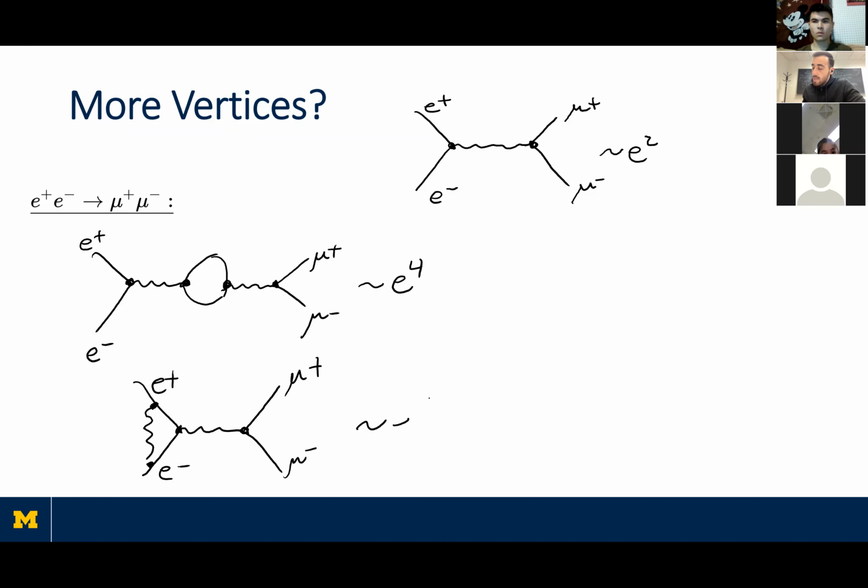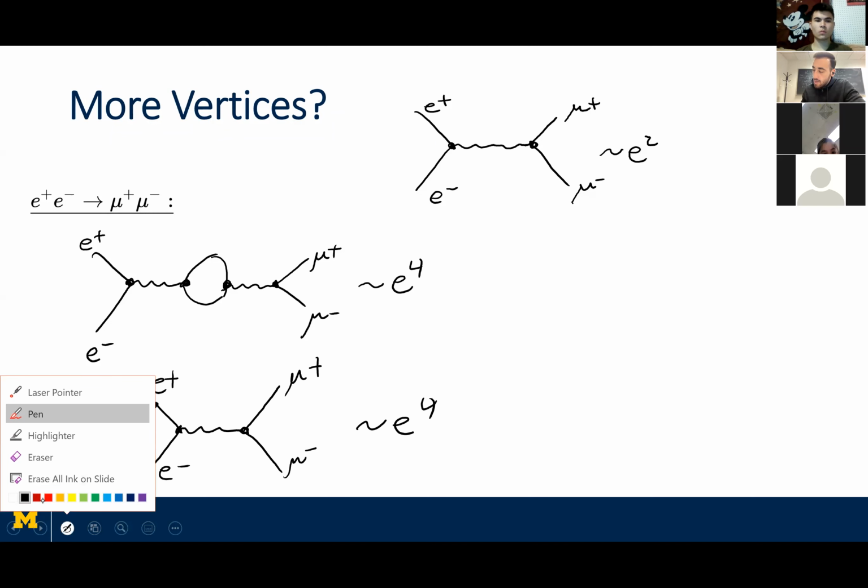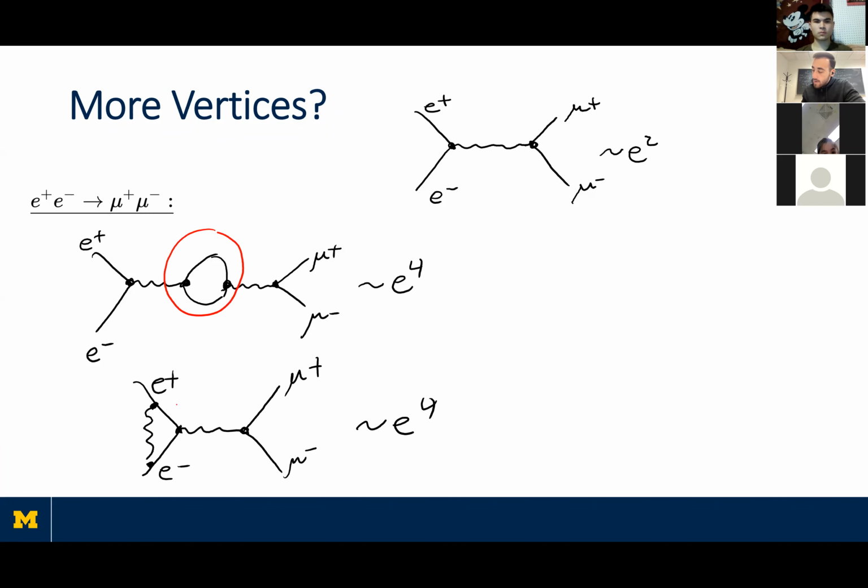So this goes like e to the 4th power, which means it contributes less to the total amplitude that you're looking for. Okay, so these are called loop diagrams because of the obvious loop in each of them. So in this case, we have a loop appearing over here. And in this diagram, we have a loop appearing over here.